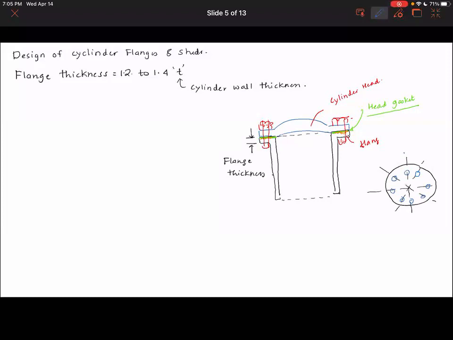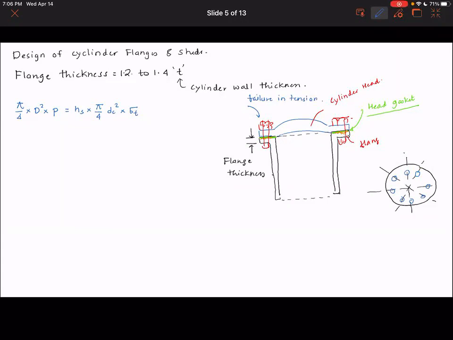So what we will do is we will say pi by 4 times D square times p is equal to ns times pi by 4 dc square times sigma t. So the bolts' failure in tension.